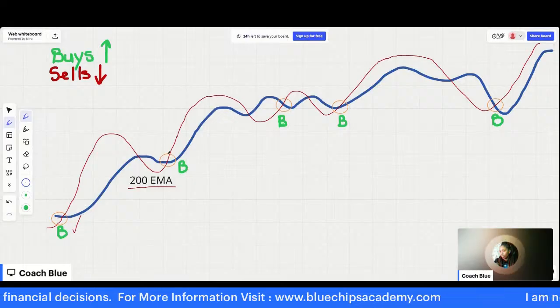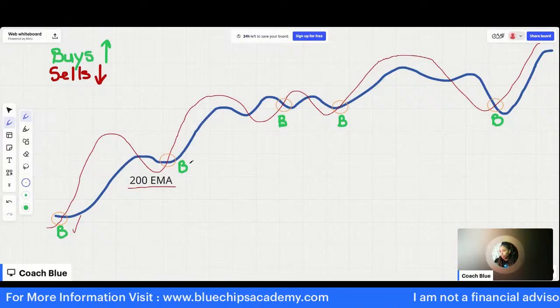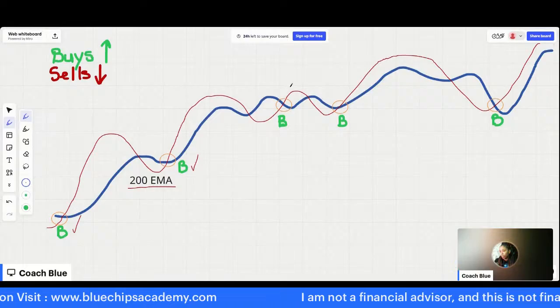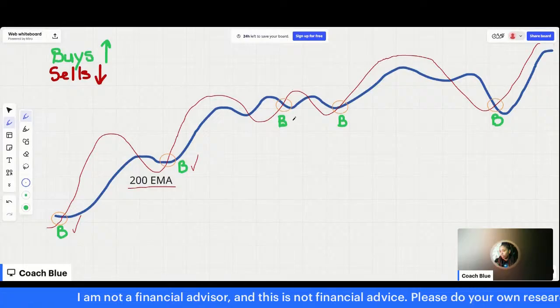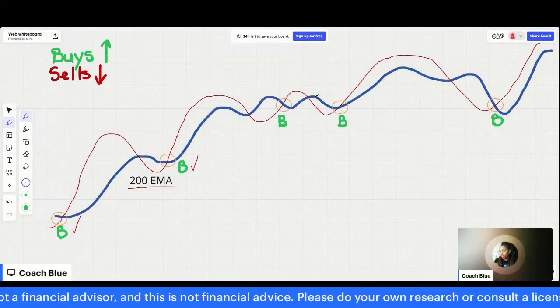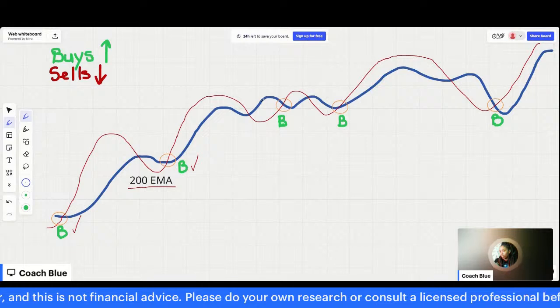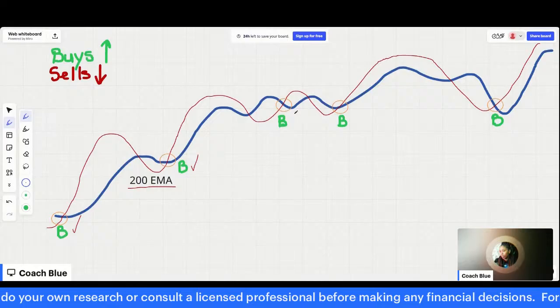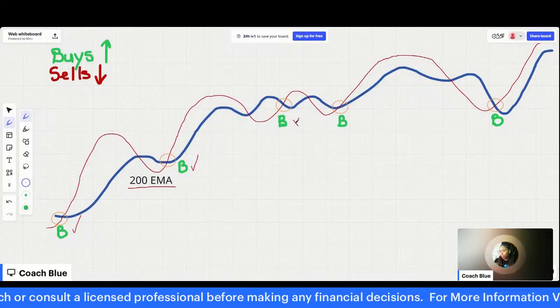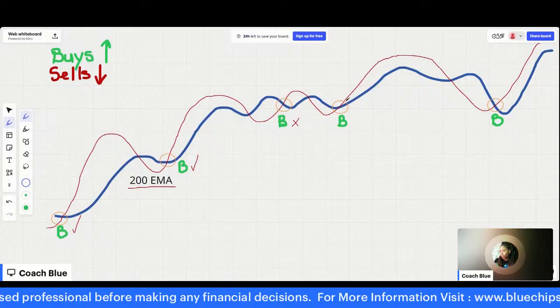This crossover here was a nice win. It moved to the upside. Now this crossover here was a little bit short, so this one might have lost. This is where we see some consolidation or even a ranging market. This is when it gets a little murky. So we did not win that one.